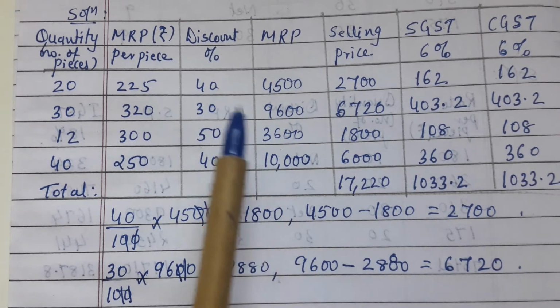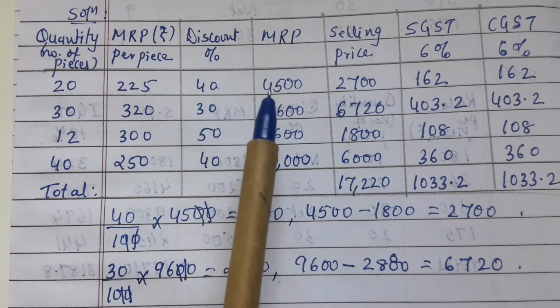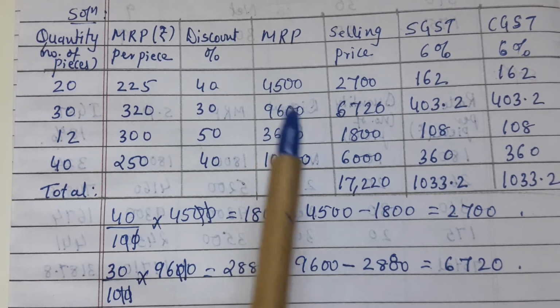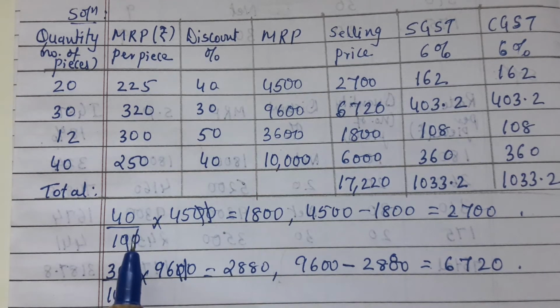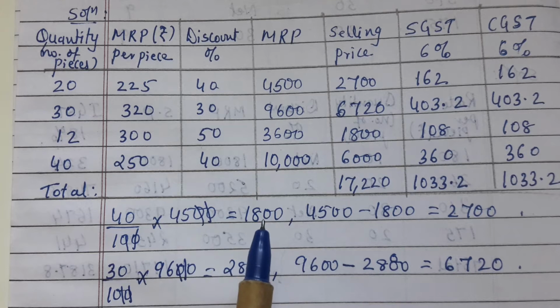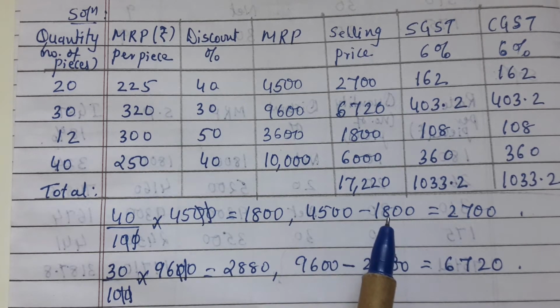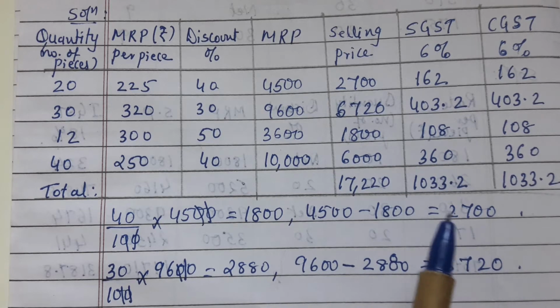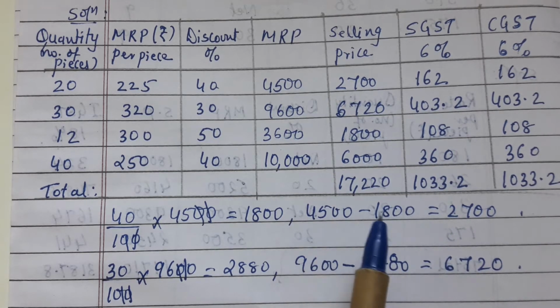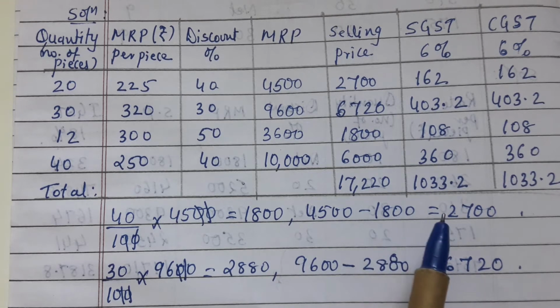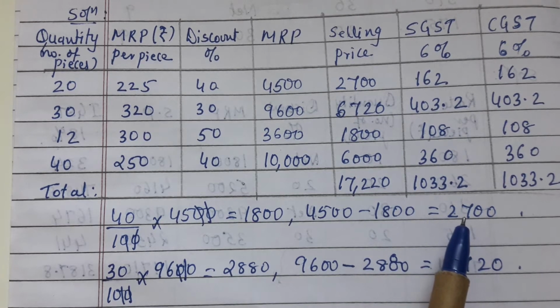Okay, now discount percent. So 40% of 4,500 is 1,800. MRP minus discounted price is equal to selling price. 4,500 minus 1,800 is equal to 2,700.